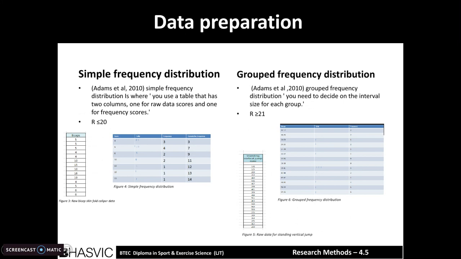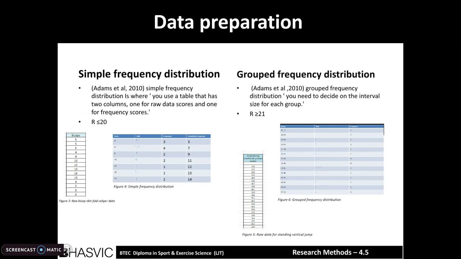So looking at Figure 3, you can see I have the bicep skinfold caliper raw scores to the left, and then in Figure 4 I have the scores within the table that show the tally of how many times the scores appear, the numerical value for the frequency, and then the scores collected together, showing the cumulative frequency.